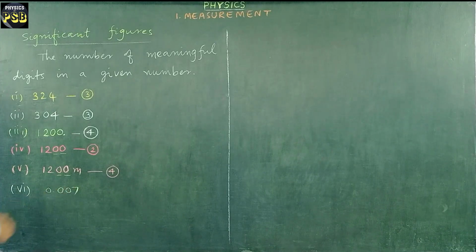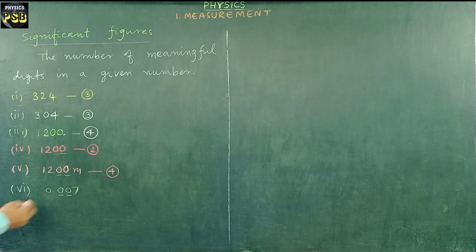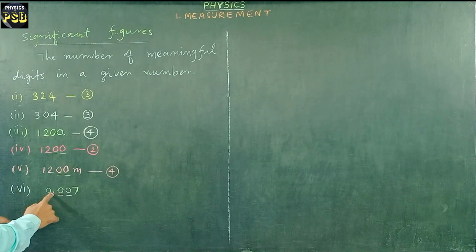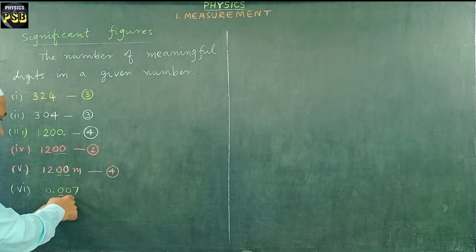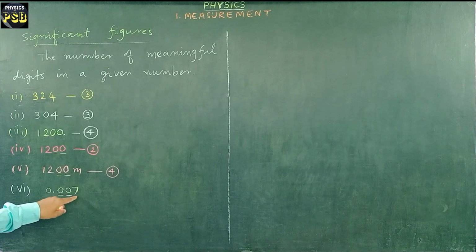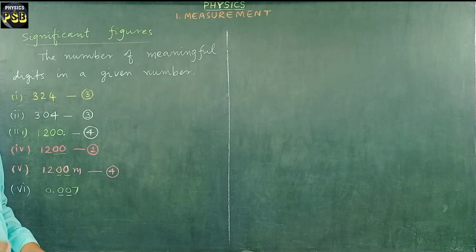Now in this case, these two zeros which are present on the right side of the decimal point, but on the left side of a non-zero digit, are considered as insignificant or meaningless.